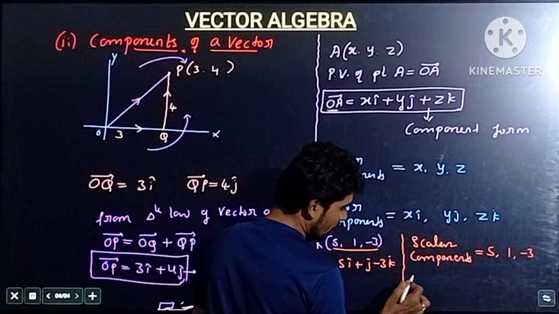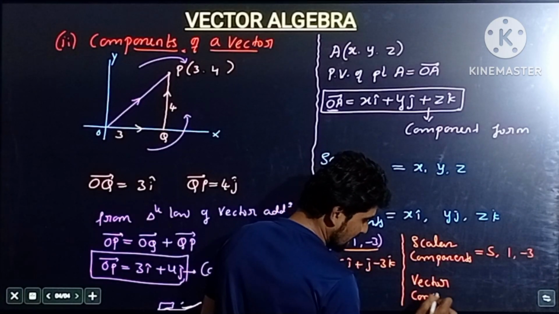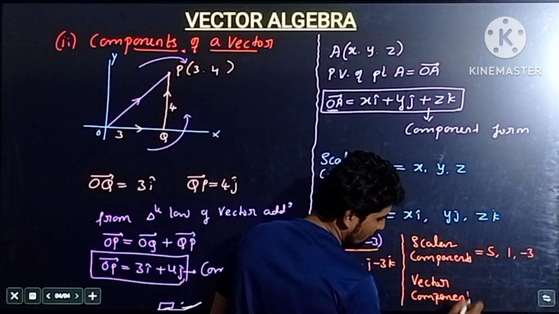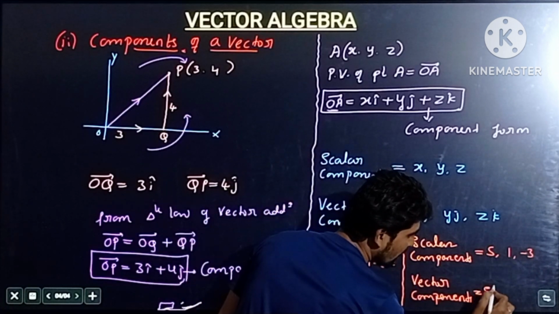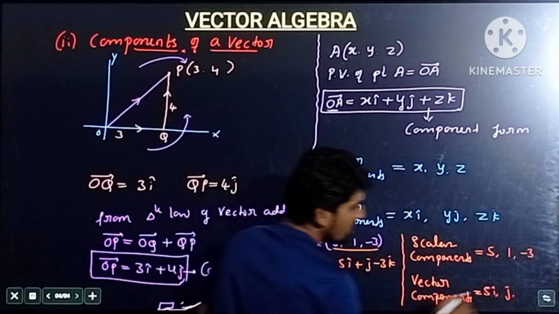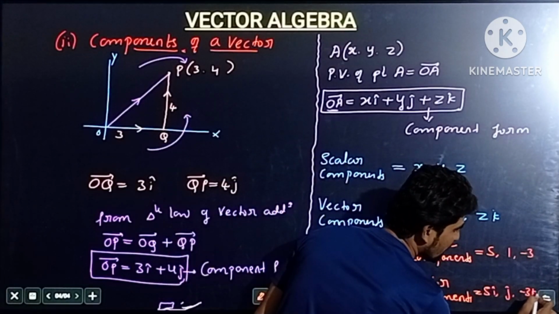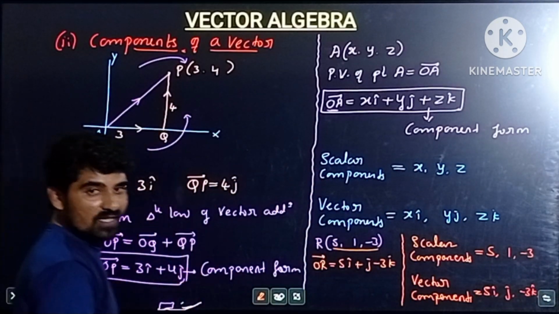And then the vector components of the OR vector are 5 i cap, and then 1 j cap, and then minus 3 k cap. I hope all of you understood the components of a vector.